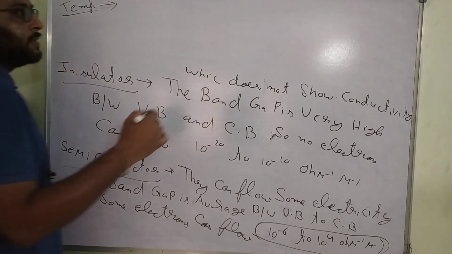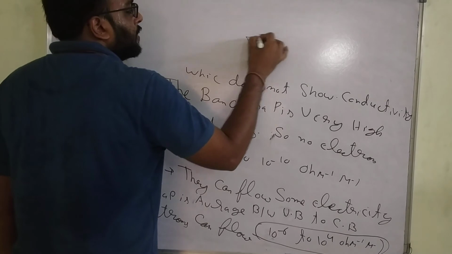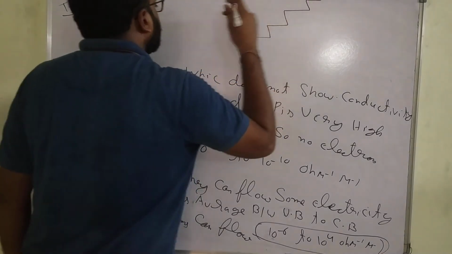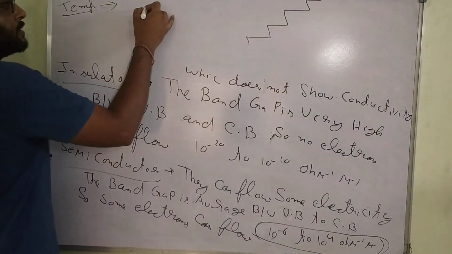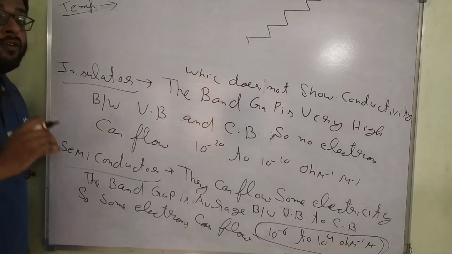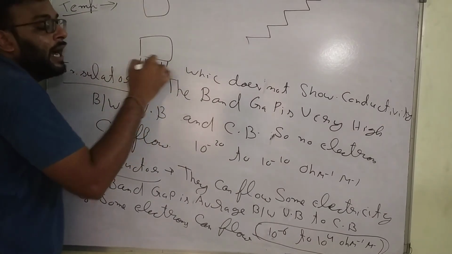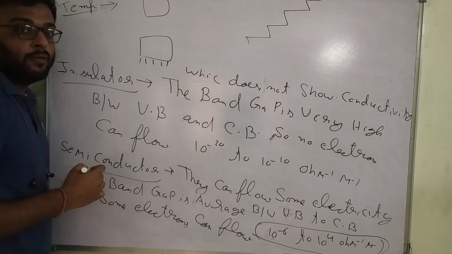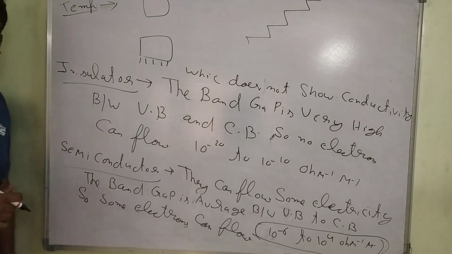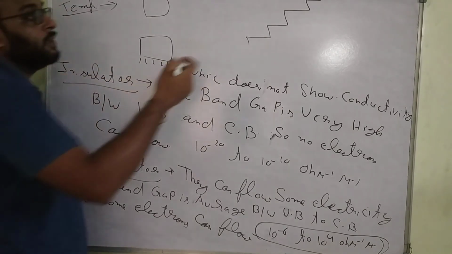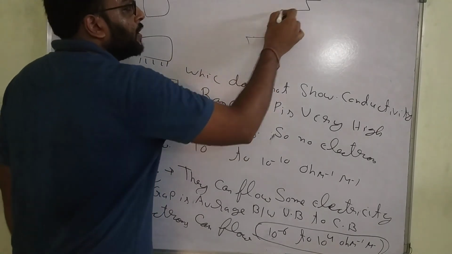Look at this example, a burning incident. What is the meaning of temperature? I am giving heat. Suppose there is a fire in a building on the second floor. In normal cases nobody can jump from here to here.